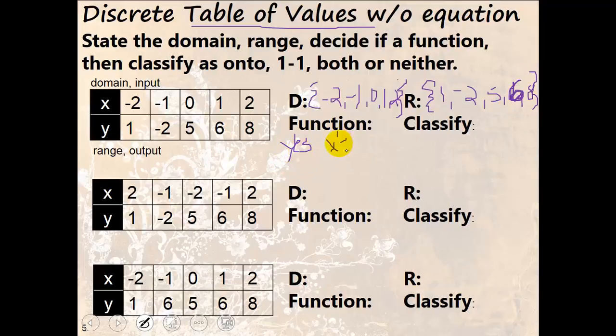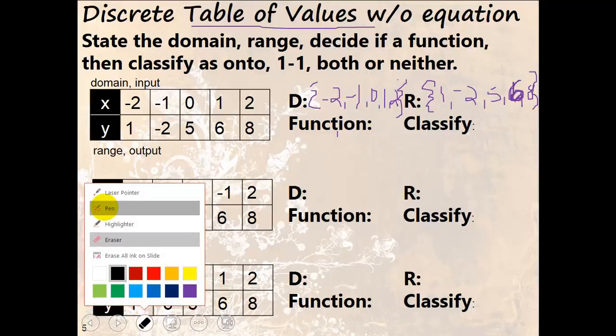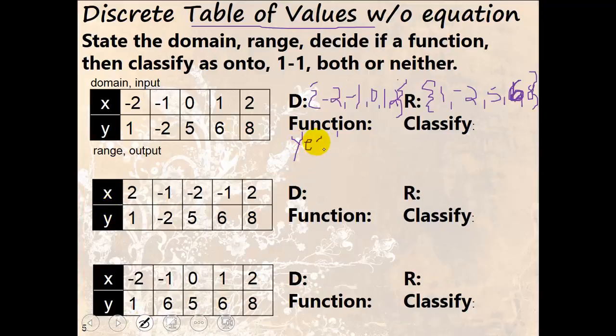All my x's are different. And then I'm going to classify it. Does every y go to an x? Yes. So it's onto. Is every y different? Yes. So it's 1 to 1, so this would be both. And if you want to write onto and 1 to 1, that's okay.